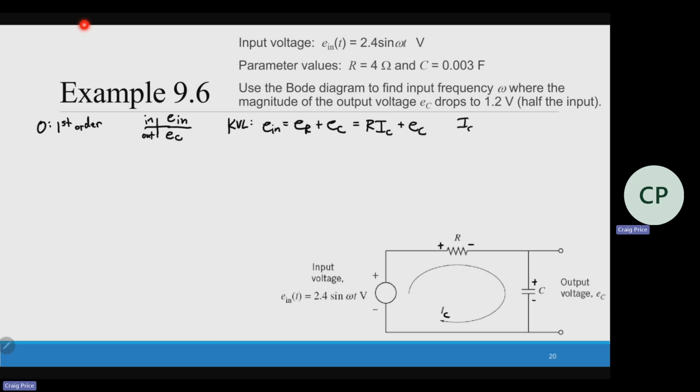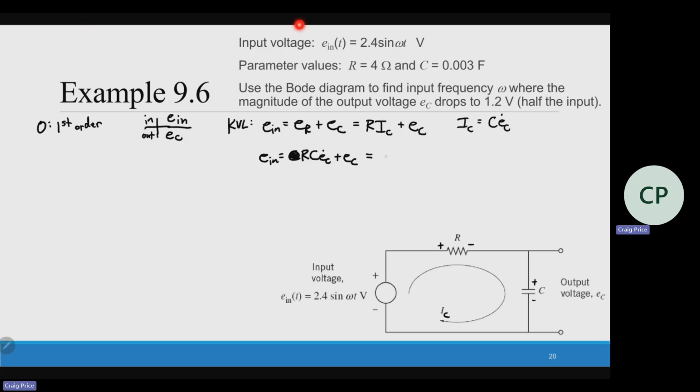And on our equation sheet, I sub C is equal to C E_C dot. And so we can say E_N is equal to RC E_C dot plus E_C.